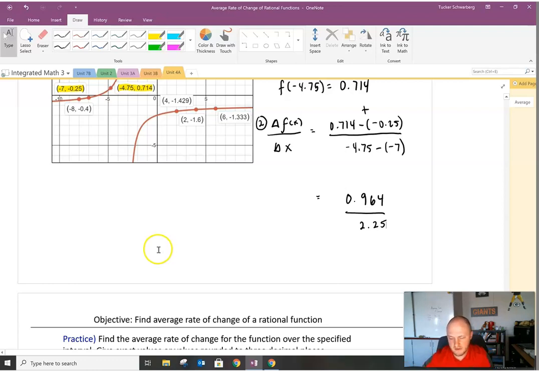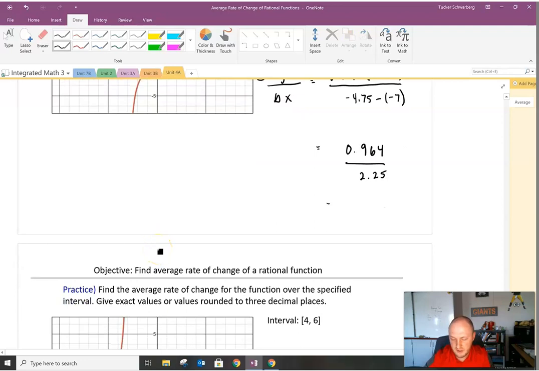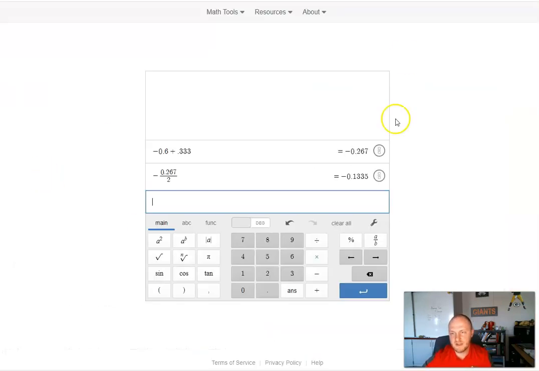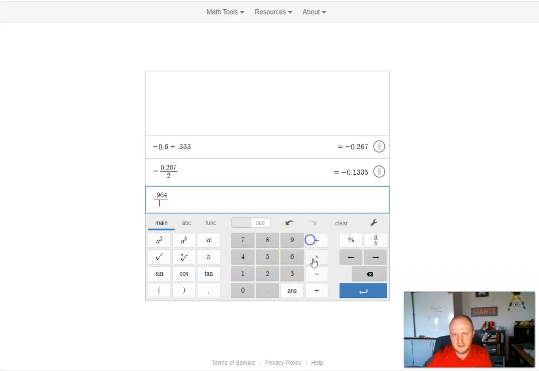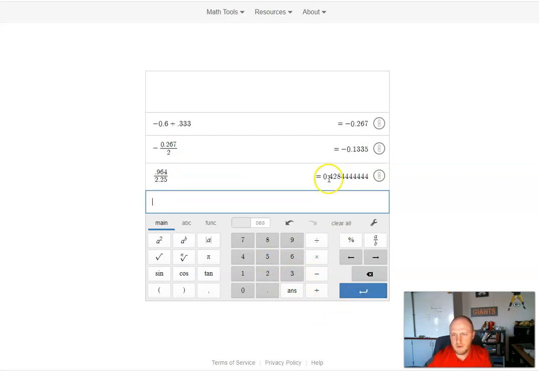Okay, and then we need a calculator to go ahead and divide this for us. I have a feeling this is not going to be exact, so we'll put the approximate signs. Okay, so it was 0.964 divided by 2.25. Okay, and we get 0.428.